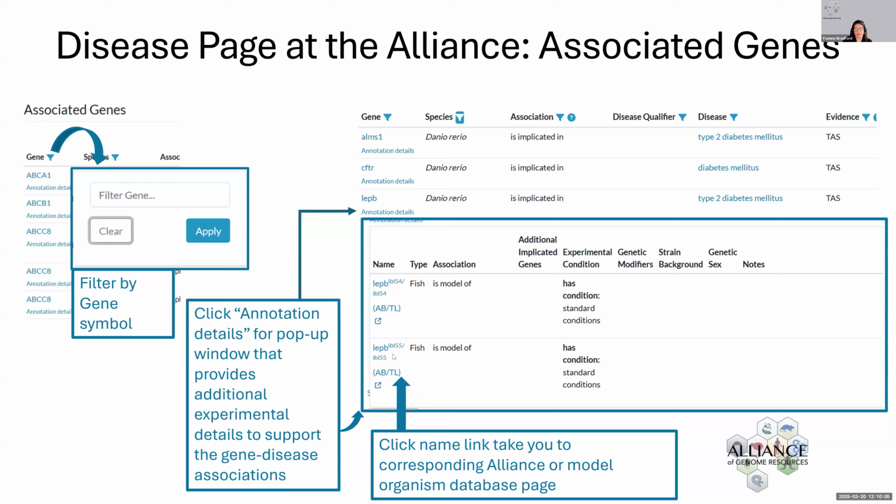If you click the name, it'll take you to the corresponding Alliance or model organism database page. A lot of the information that's in this pop-up window is in more detail in the models table, and we're going to go into that more. So just this pop-up, you'll see recurring on various tables.